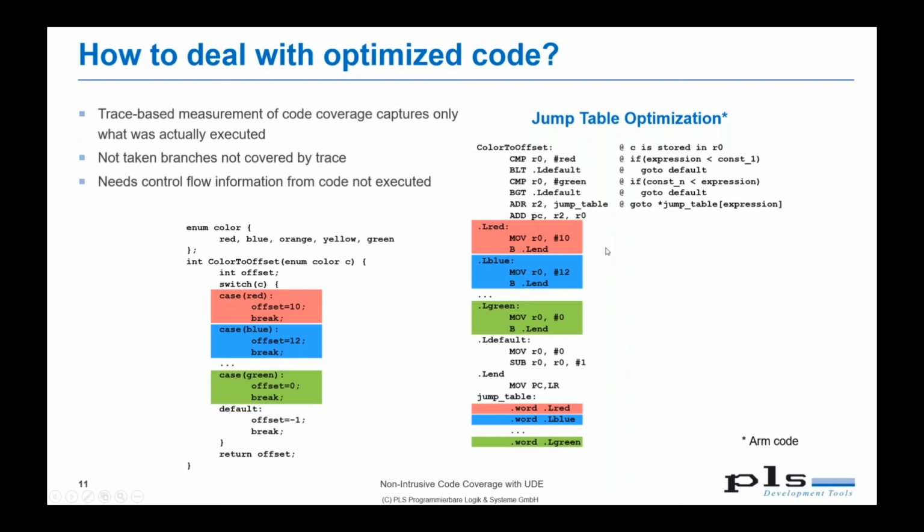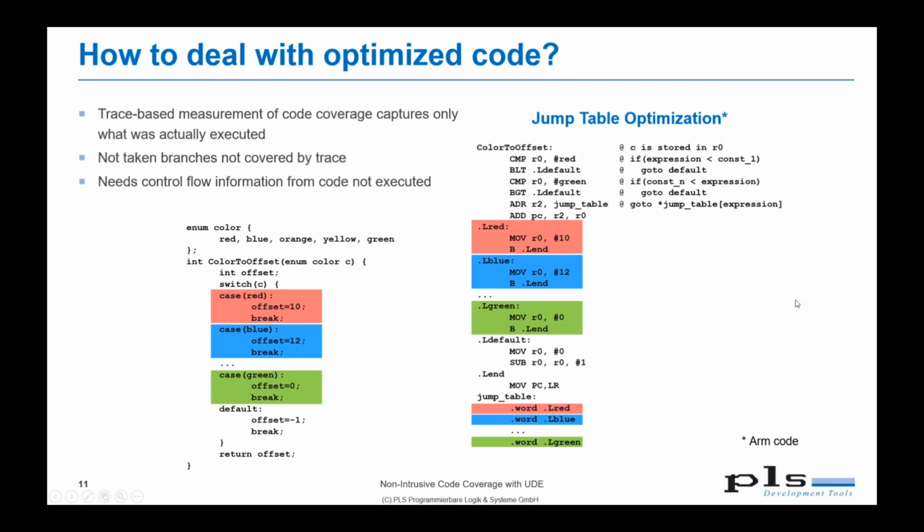Not jumps or branches to each case block, but only one conditional jump to this jump table below, and from that you jump back to the case labels.